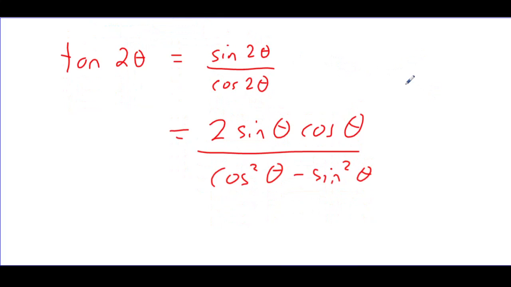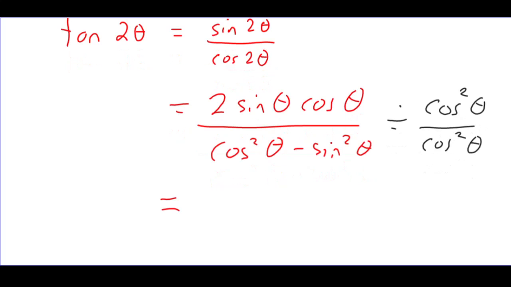So the way that we can actually make this in terms of tan is we can divide the top and bottom of the fraction by cos squared theta. And when I do that, I end up turning everything into a tan ratio. Let's see how that works. I take 2 sine theta cos theta and divide it by cos squared theta.